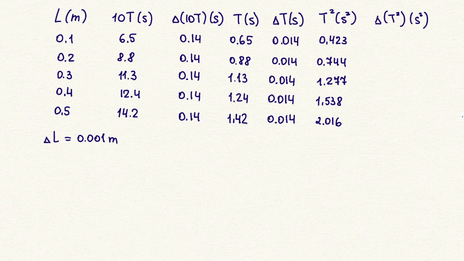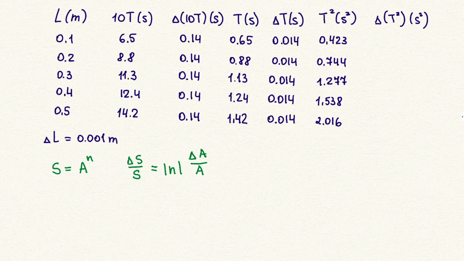In order to calculate the uncertainty in period squared, we need to remember the formula for the uncertainty when we have a measurement a to the power n. So then the relative uncertainty in value s is going to be equal to the absolute value of the power n multiplied by relative uncertainty in your measurement a.